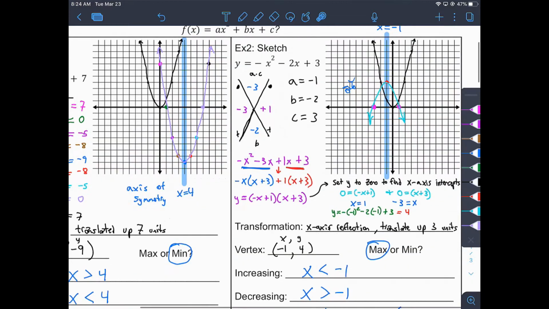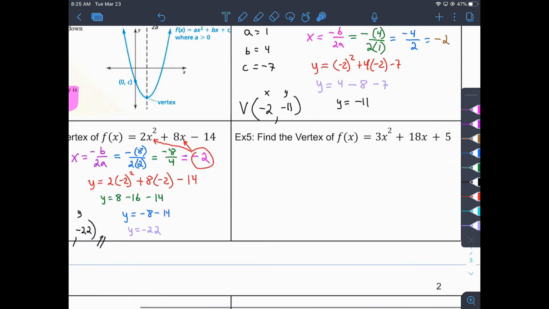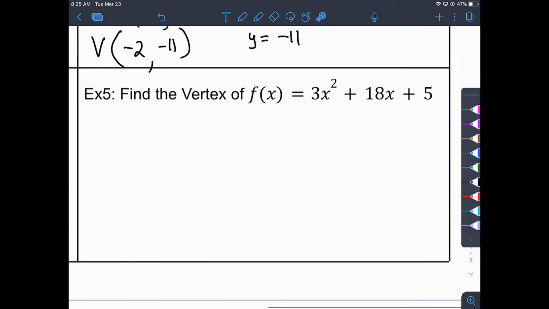But we should also realize that there are other methods like factoring. If you can factor it, it's very quick to find the vertex as well. However, problems that we don't know how to factor are a little more difficult. So knowing how to do this using this third method is super good.